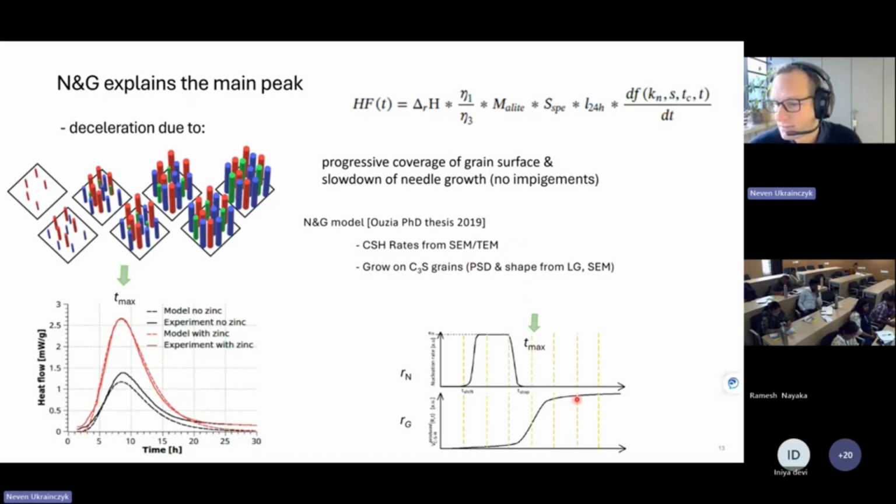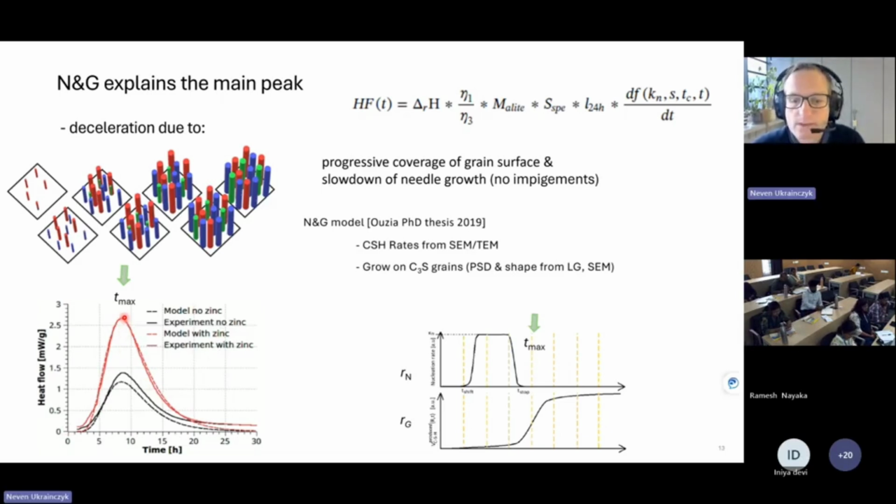And they really proved it with zinc: if you have C3S paste mixed with zinc, you have a strong retardation, but you have still an increase in the peak.